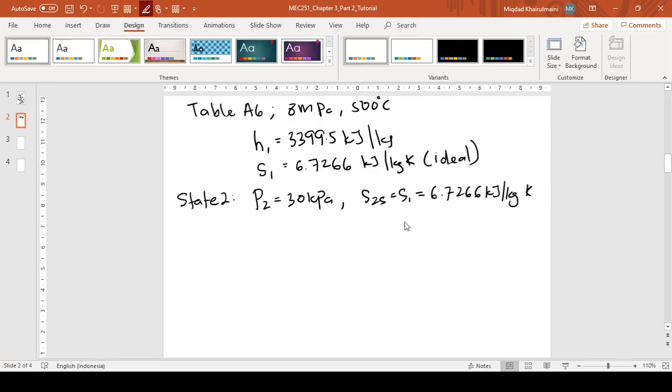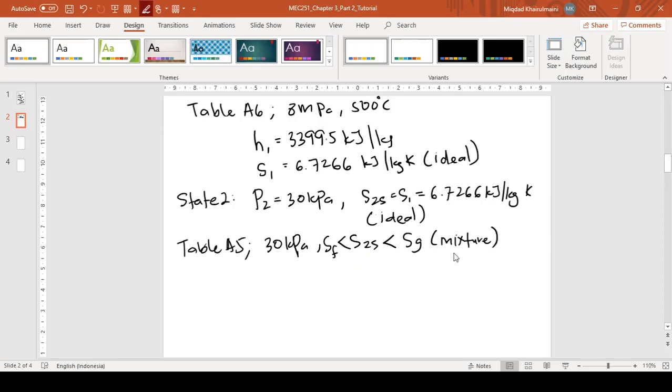Using table A5, we have to check for the phase. 30 kilopascal, s2s we compare with sg. I think it's less, and when it's less we compare with sf. It's greater than sf, so the phase is mixture.